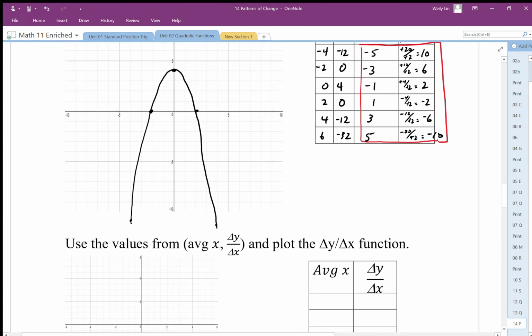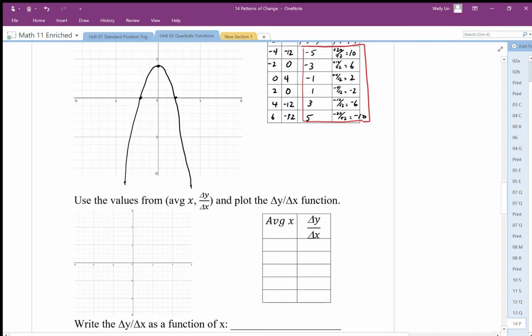So we're going to take those same coordinates and plot them and see if we can come up with a function. The x values are negative 5, negative 3, negative 1, 1, 3, and 5. And our slope values are 10, 6, 2, negative 2, negative 6, negative 10.